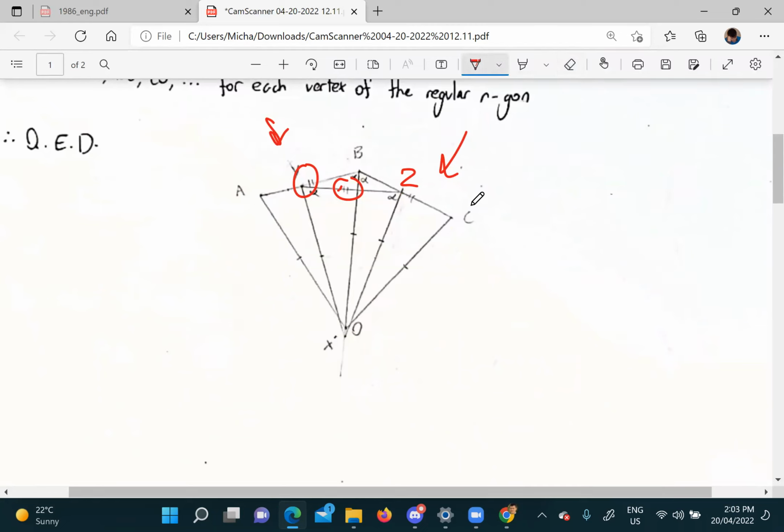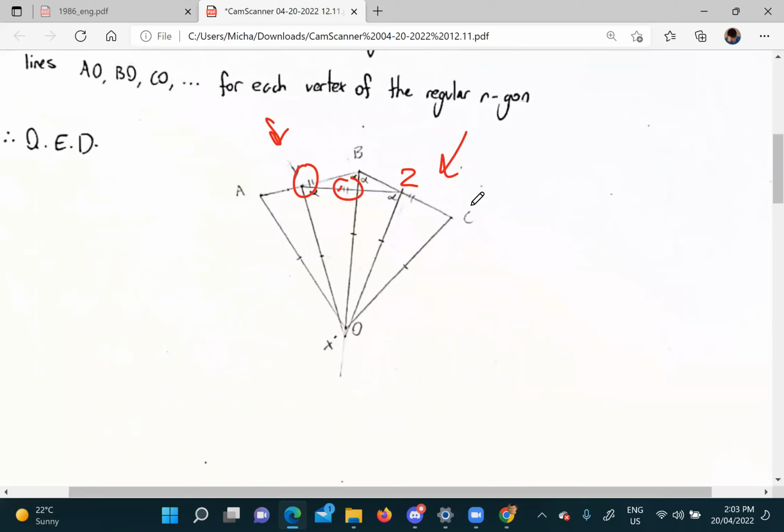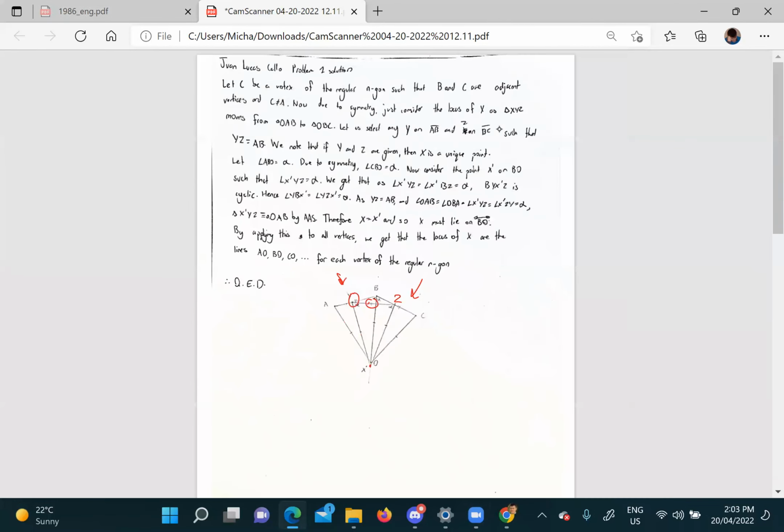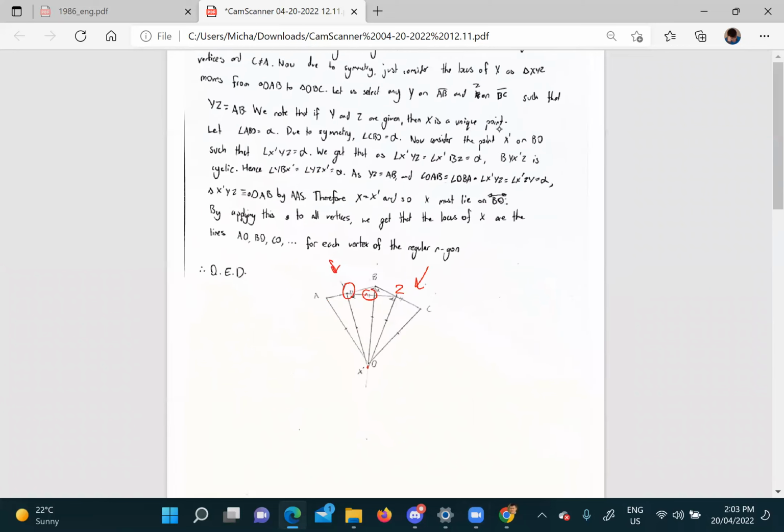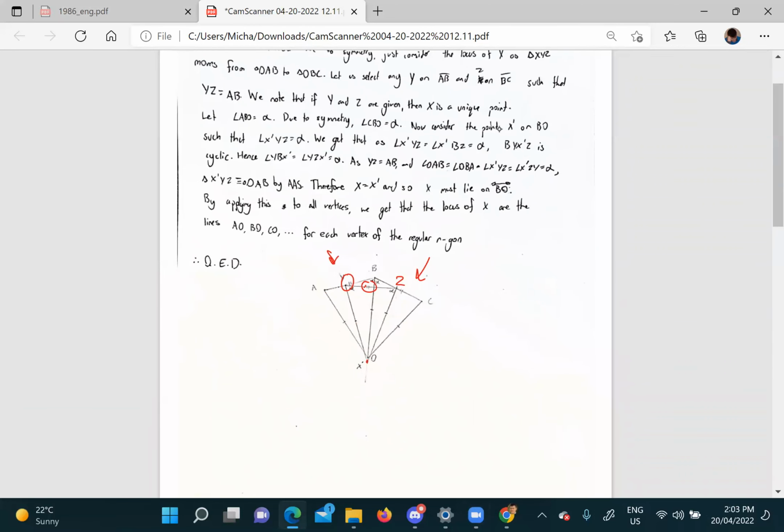Okay, is this X prime? I think this is X prime. This one. Alright, that is X prime. Where is X prime? X prime on BO such that X prime YZ is alpha.